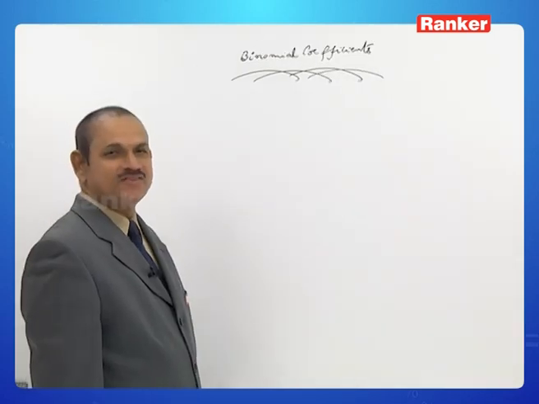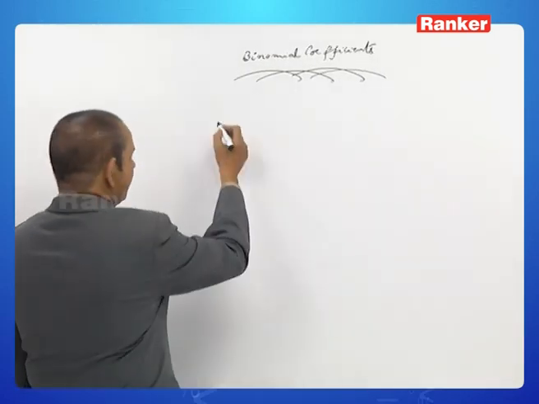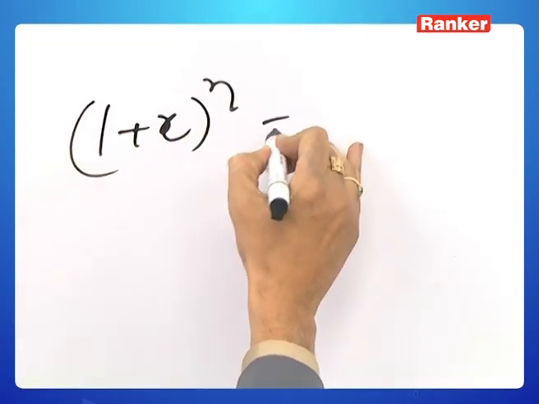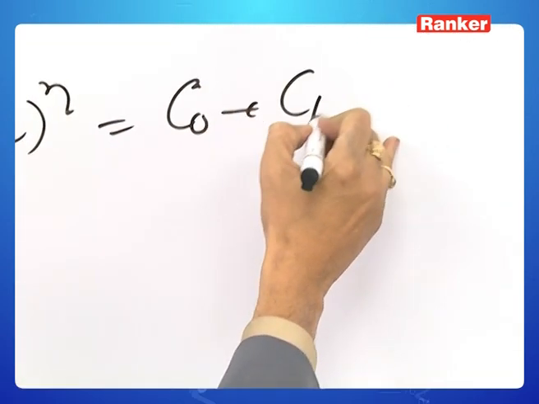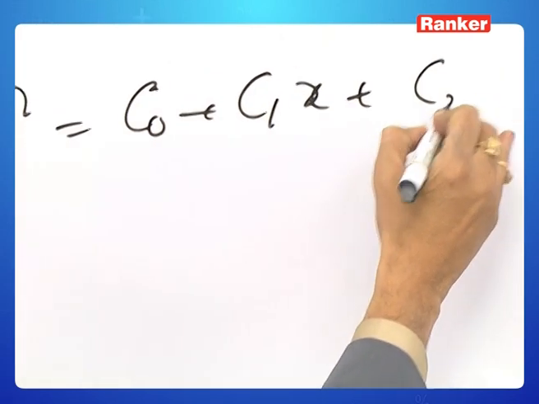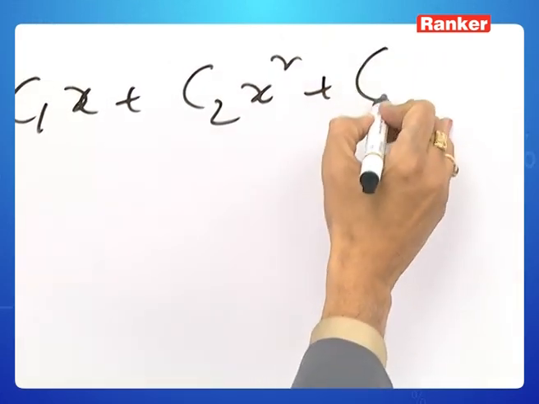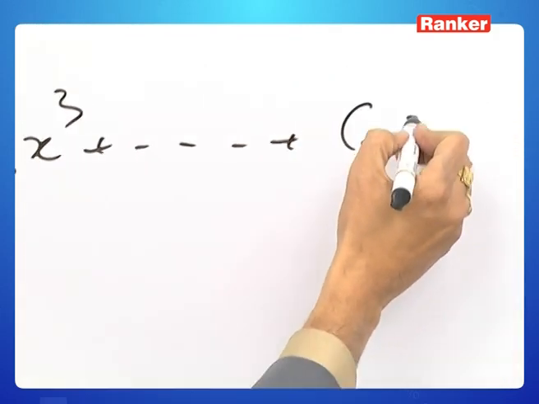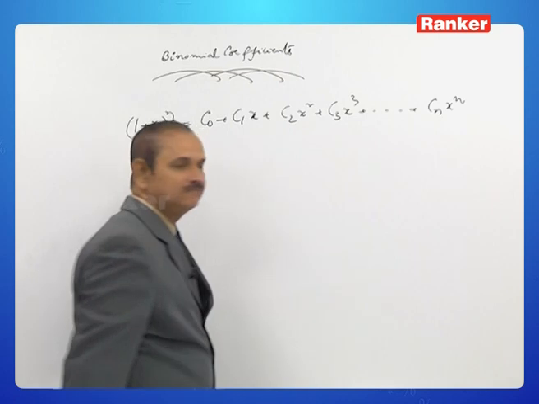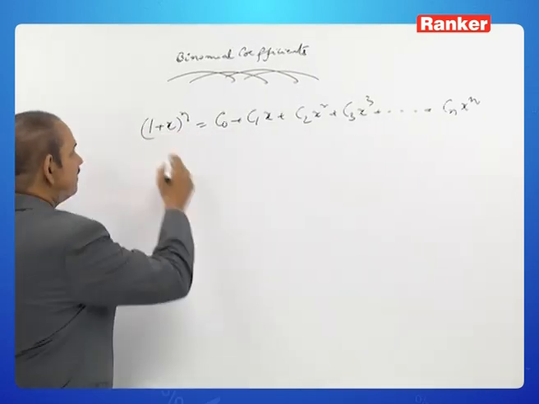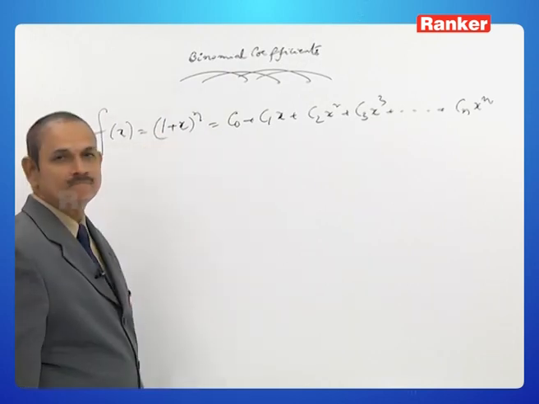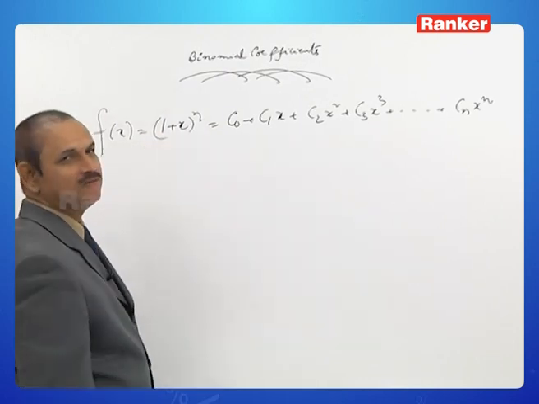With this new notation, let us write (1 + x)^n = C0 + C1 x + C2 x² + C3 x³ + Cr x^r + and so on, Cn x^n. Let me call this f(x).